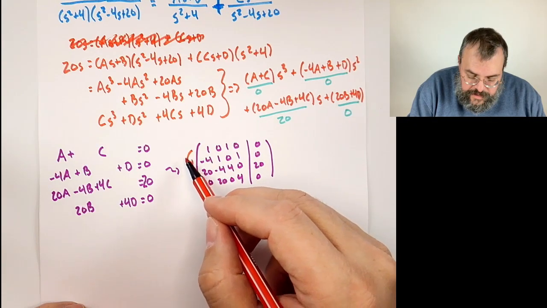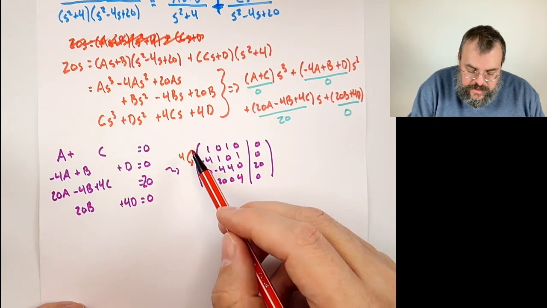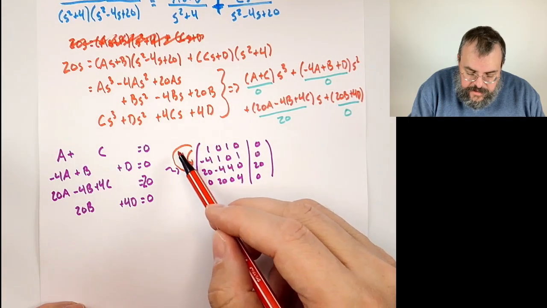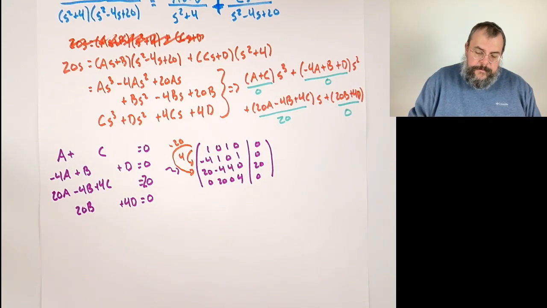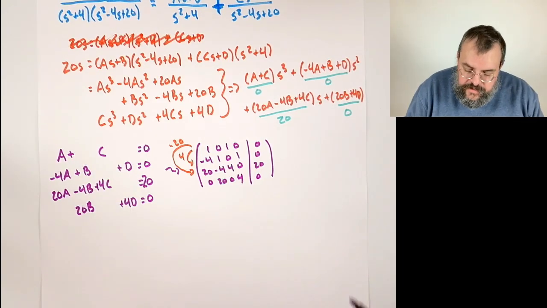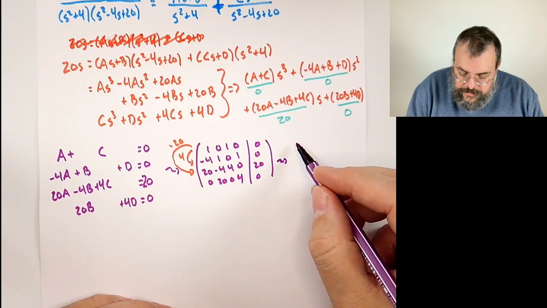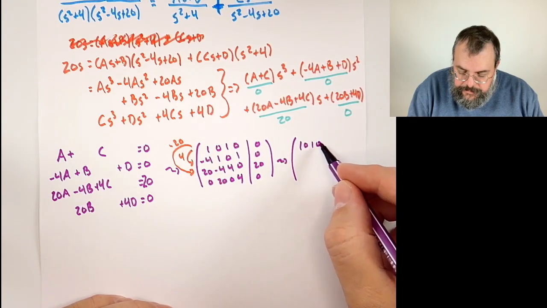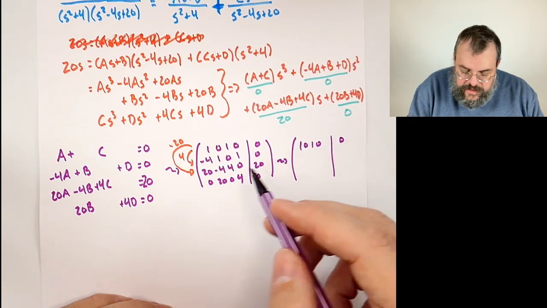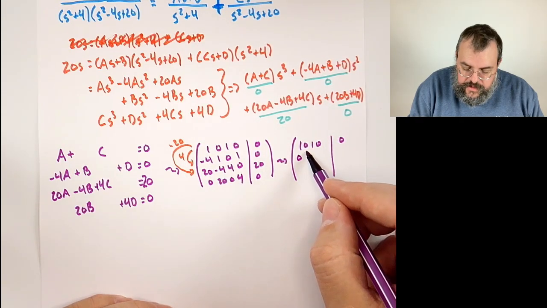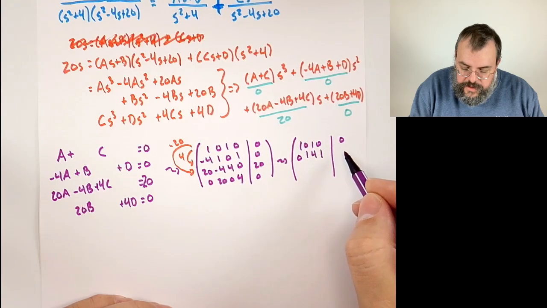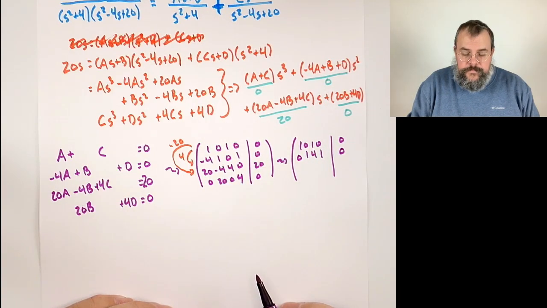So let's do a couple of things. We can add a multiple of 4 down, and here we can add a multiple of negative 20 down. And if we do that, what will we get? Well, first row will be the same. And then we'll have 4 plus negative 4 makes 0, 1, 4, 1, 0.